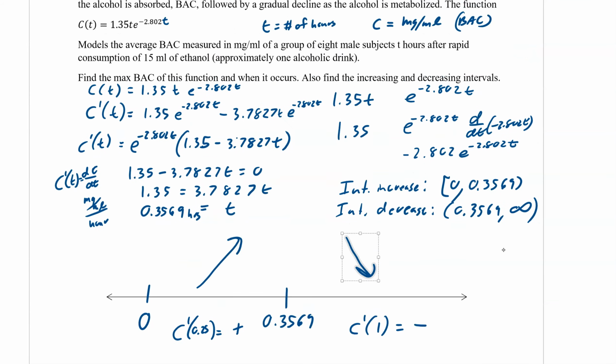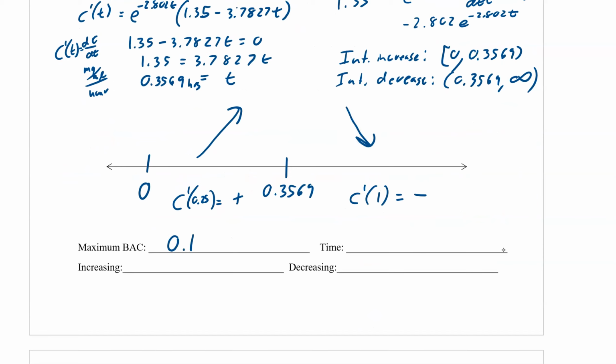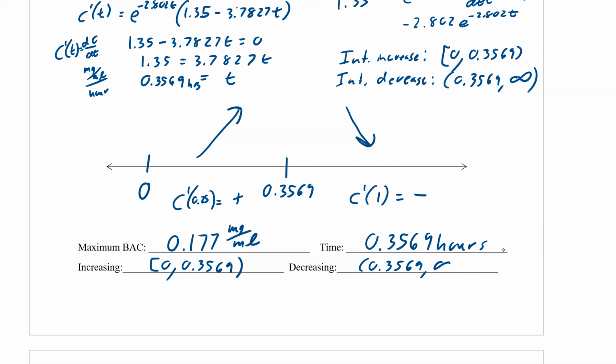So our max is 0.177 milligrams per milliliter, and the time that it occurred was 0.3569 hours. Our interval of increase would be from 0 to 0.3569, and decrease would be 0.3569, comma, infinity.